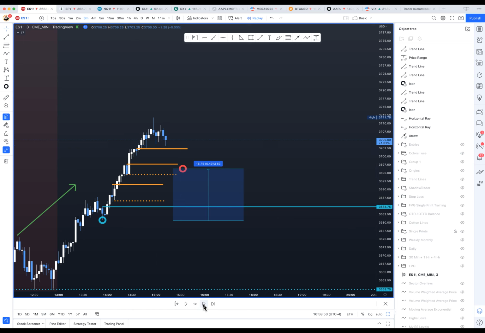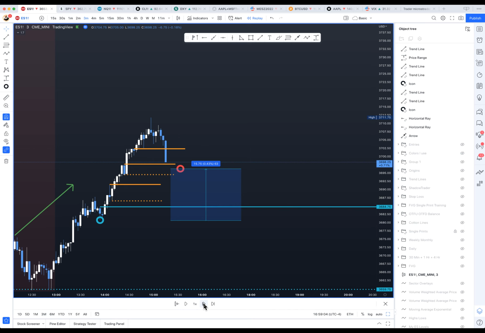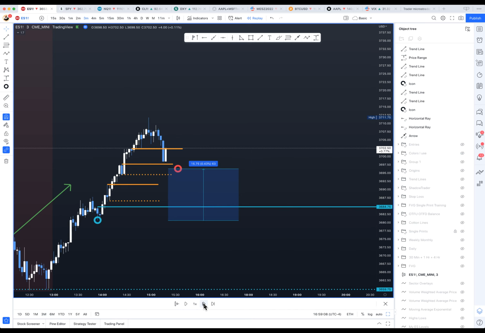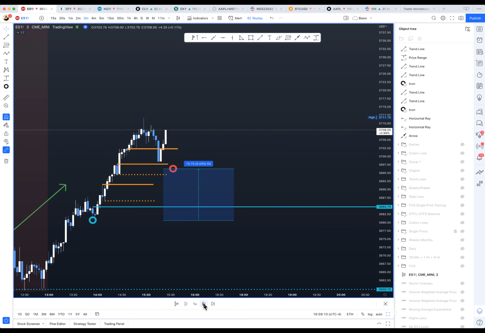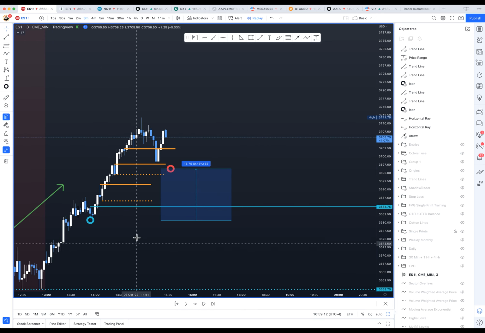Now, if it hits this line, you could add to your position, but I'm not, because I don't like how this line already touched it. But I'm going to use it as a protection layer, not as an add. Ooh, look at that. All right, let's see what happens here. Ooh, nice. So your double protection layer kept you in the trade.